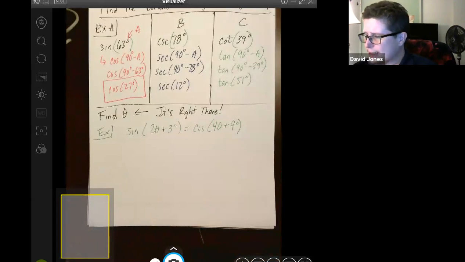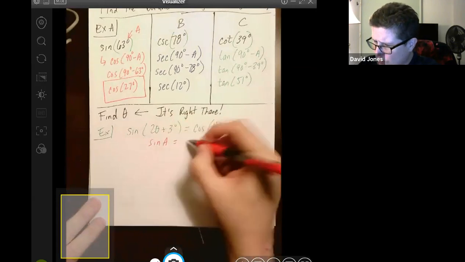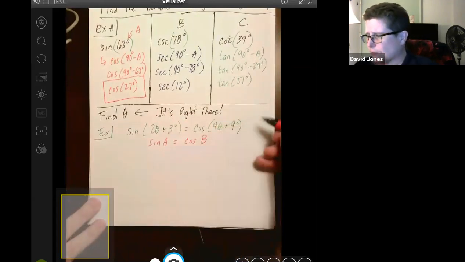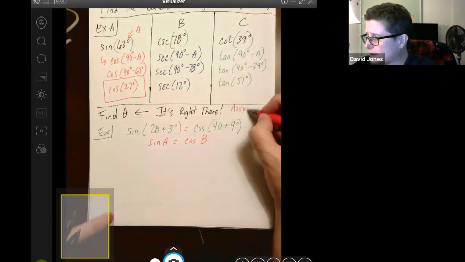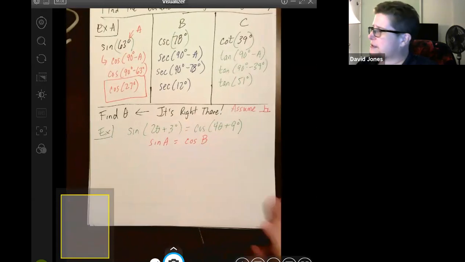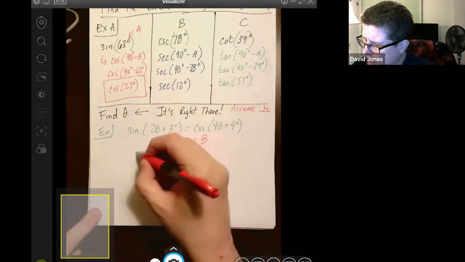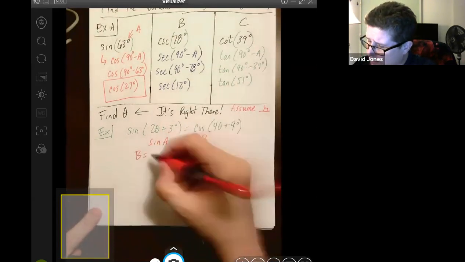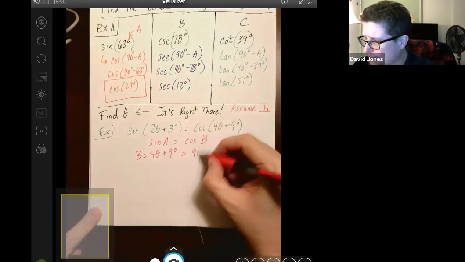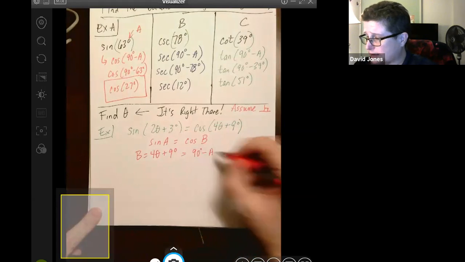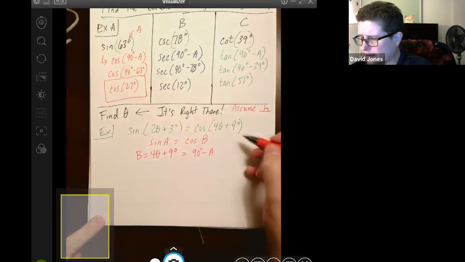Okay, so if we say this is sine of A equals cosine of B, we're going to assume a right triangle. Then B equals 4 theta plus 9 degrees. It also equals 90 minus A. But A is there.